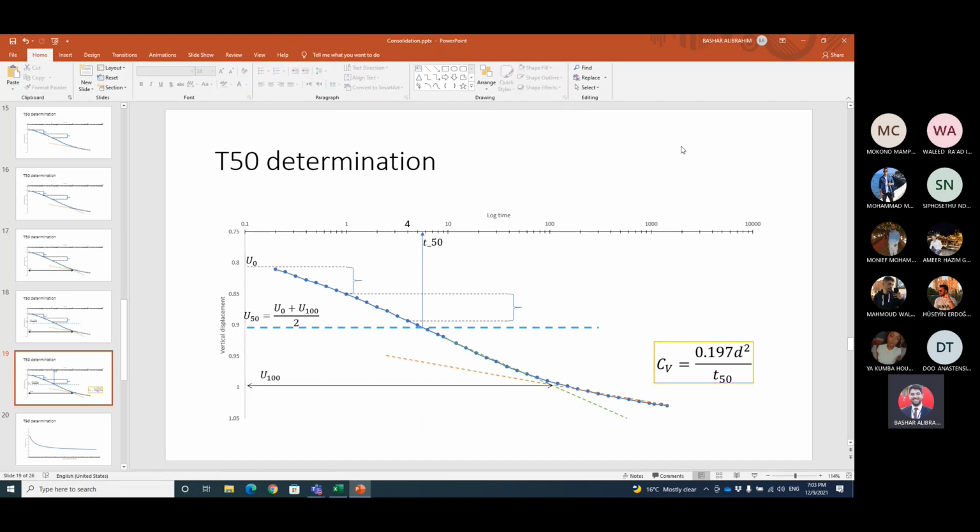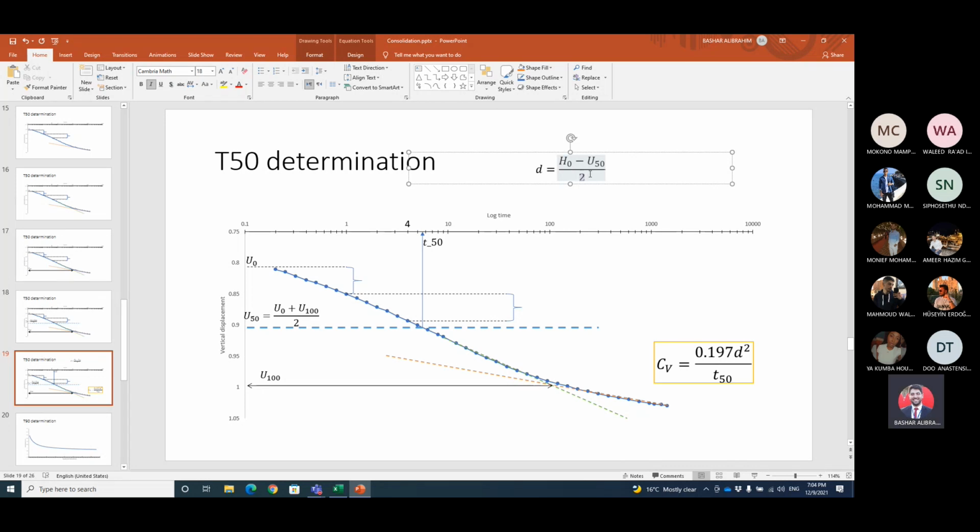Let me write it here: D equals H0 minus U50, and all this divided by 2. And this is squared, so you square it. Why do we divide by 2? If you remember when we did the experiment, we had a porous stone on top and a porous stone on the bottom, so we create what we call two-way drainage.